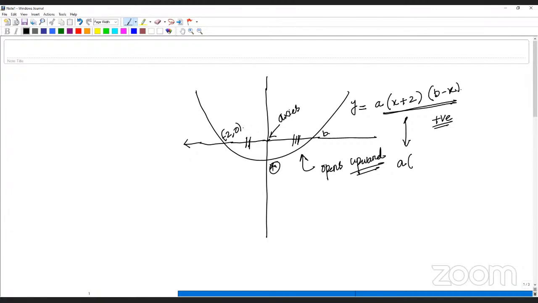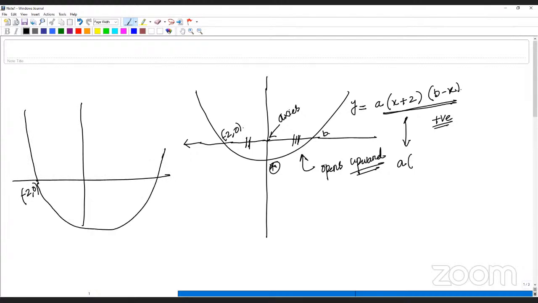That is a problem. See, you can have a parabola like this, through (-2, 0) and let's say (8, 0), and this is the axis of symmetry of this parabola. Let's say (3, 0), whatever this line, x equal to 3.